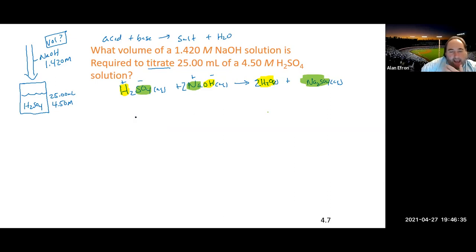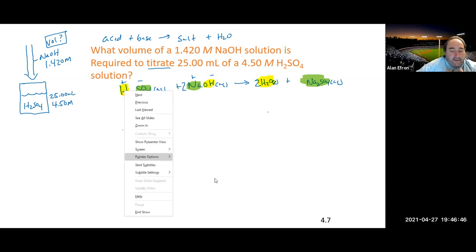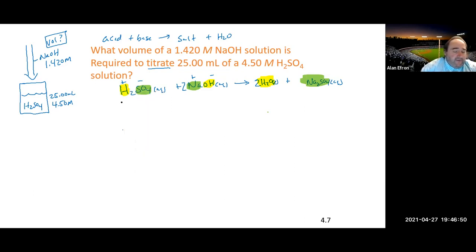So how can we do this stoichiometry problem? Is it a regular stoichiometry problem, or is it a limiting reagent stoichiometry problem? We can analyze this by looking at the pieces of information given to us. For the sulfuric acid, we have 25 milliliters and 4.5 molar. For the sodium hydroxide, we're looking for the volume, and we have 1.42 molar.